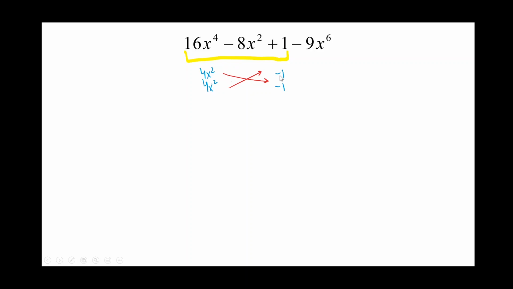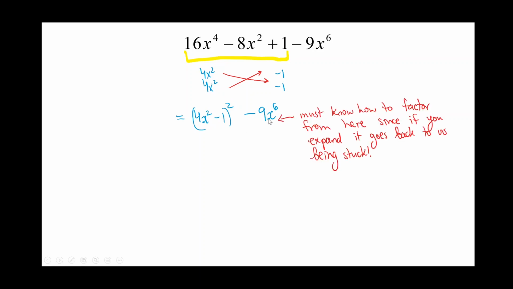So the factors will be identical. Instead of writing it twice, we can put this bracket with a square. And now this is like the previous question. As I said before, you need to know how to deal with that type of question without expanding, because if you were to expand it, you will go back to being stuck.